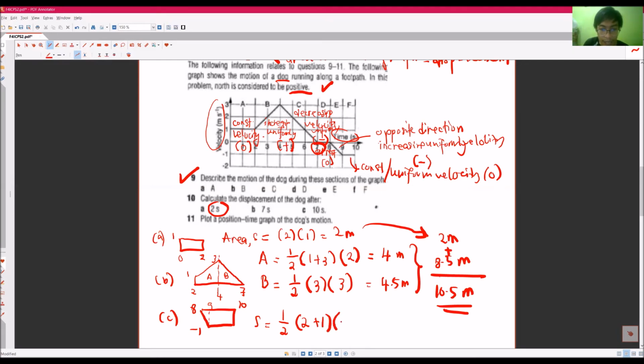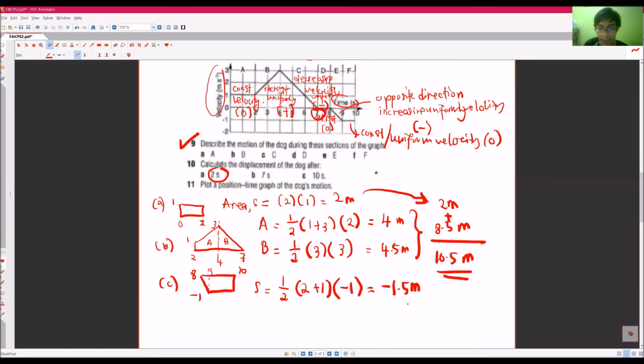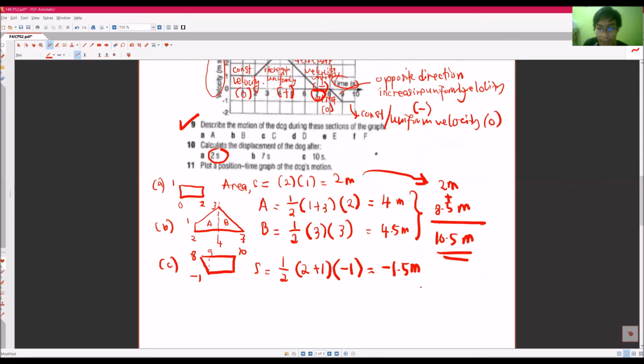And then the negative 1 height. So 2 plus 1 is 3, 3 times negative 1 is negative 3. Negative 3 divided by 2 is negative 1.5. So the total displacement, adding what came before, is 10.5 meters minus 1.5 meters, which becomes 9.0 meters. Positive.